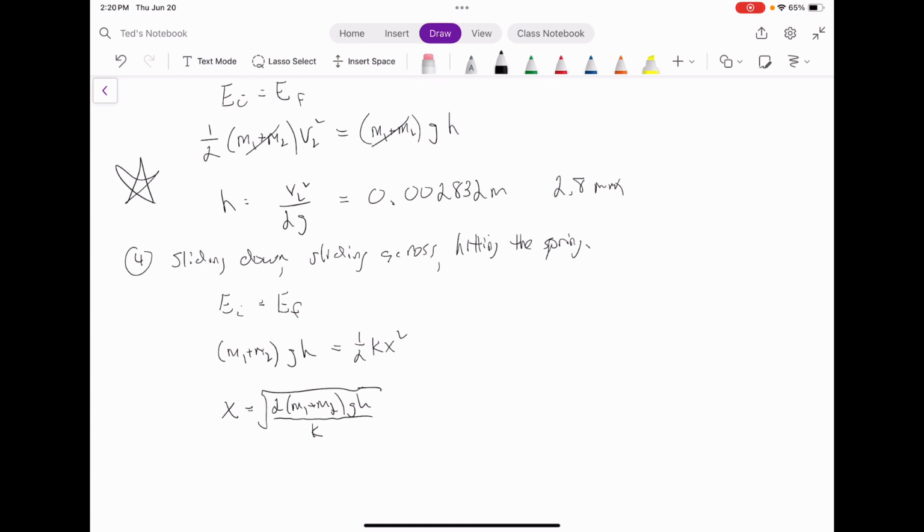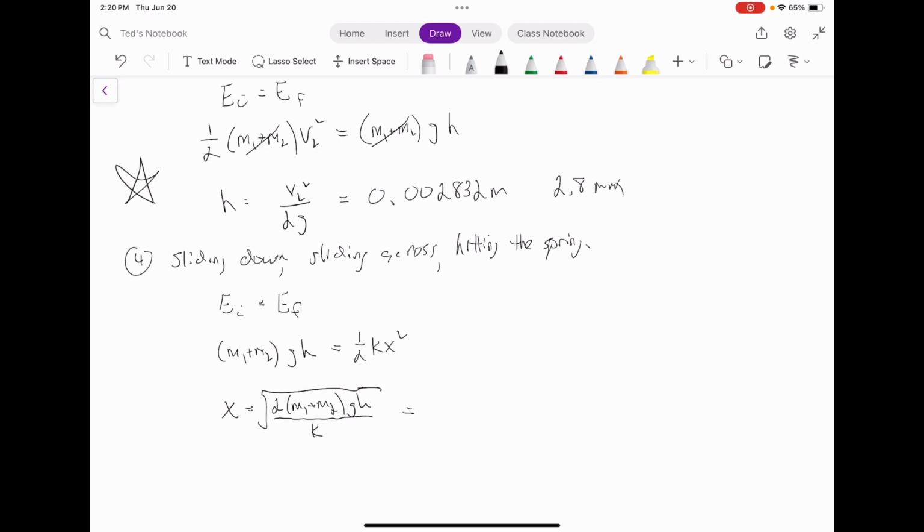Now we can come down here and find out what x is. X is equal to the square root of 2 times the total mass, 3, times g, 9.81, times the height, 0.002832, divided by 50.